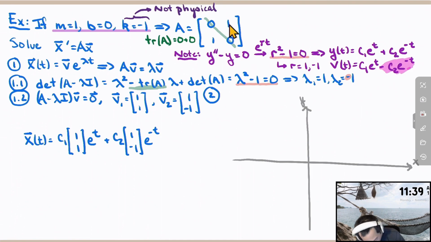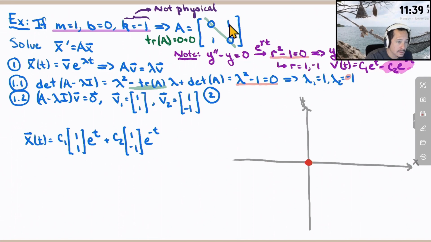Since the determinant of the A matrix is not 0, there is an equilibrium point, and only one equilibrium point, and that is the origin. So the origin is going to be my equilibrium point.